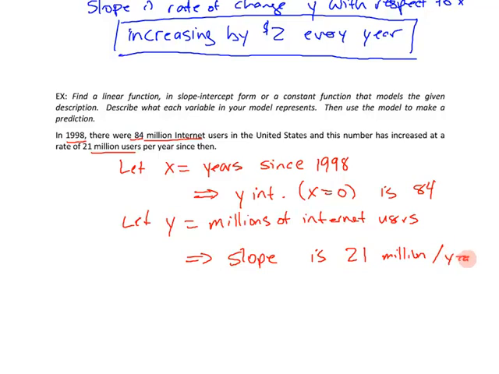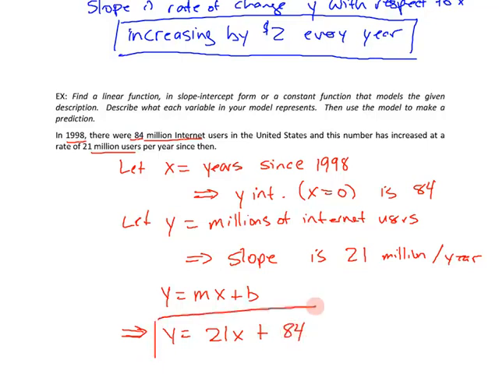So if my equation is y is equal to mx plus b, that means y is equal to 21x plus 84. And there is an equation that models this situation.